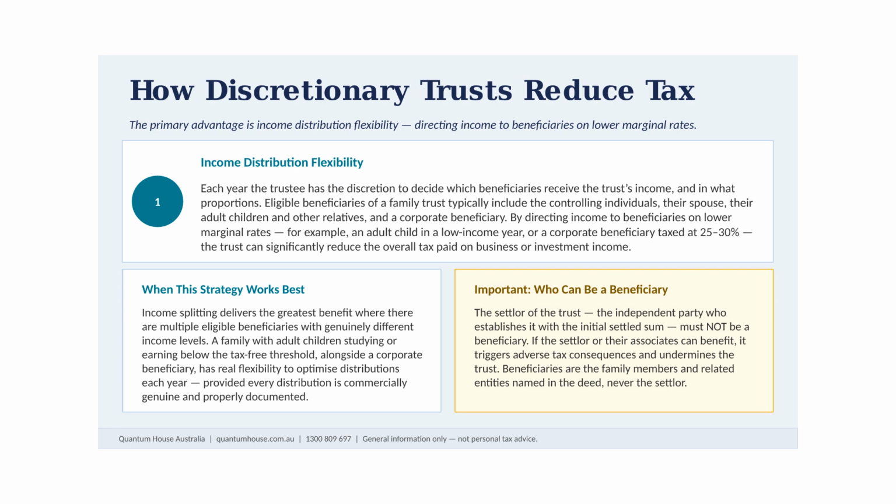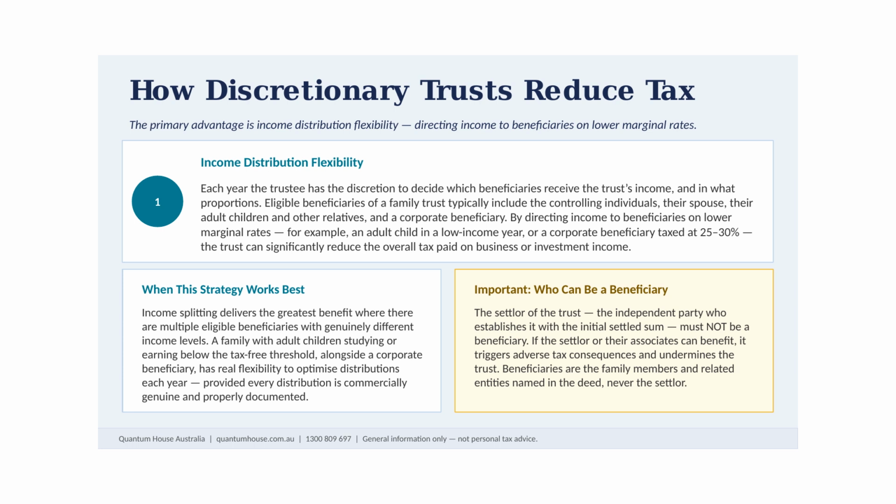By directing income to beneficiaries on lower marginal rates, for example, an adult child in a low-income year or a corporate beneficiary taxed at 25 to 30%, the trust can significantly reduce the overall tax paid on business or investment income. As the left card notes, this works best where there are multiple eligible beneficiaries with genuinely different income levels.